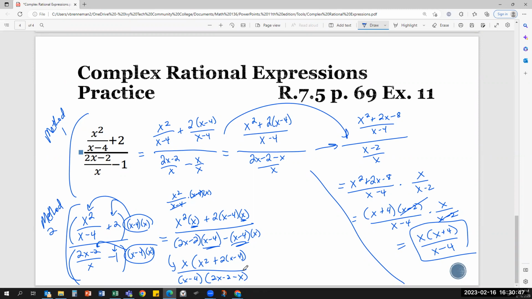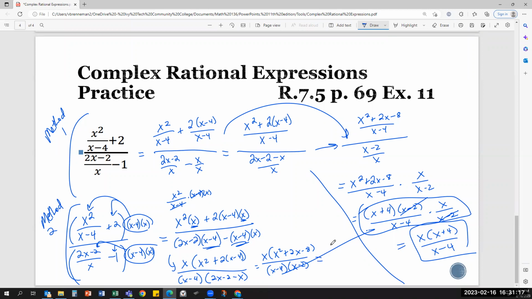And then we get more to this step. So we have x times x squared plus 2x minus 8 over x minus 4 times x minus 2, and then factoring.